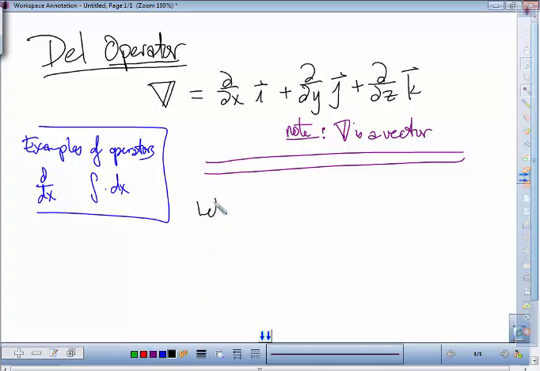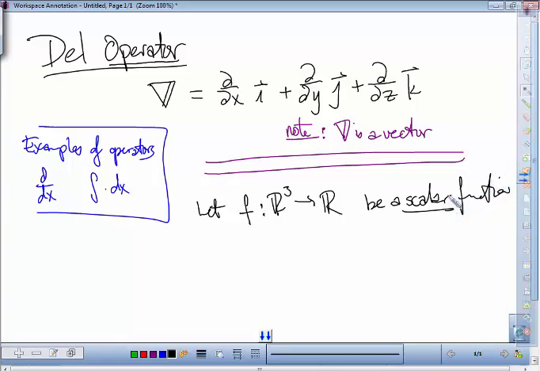So let little f, from R3, be a scalar function. And this word scalar is important for us because it is a scalar.